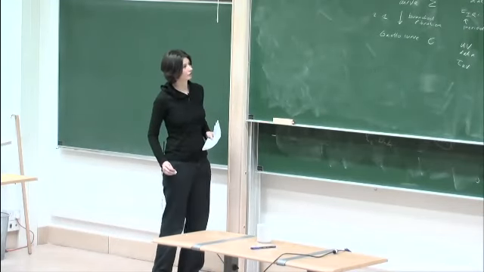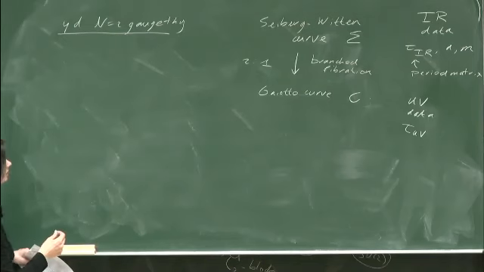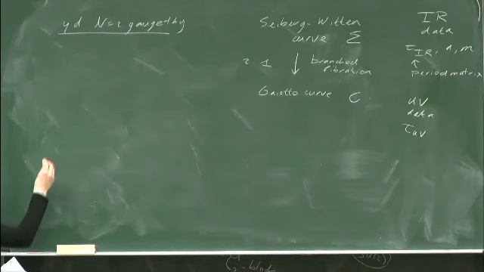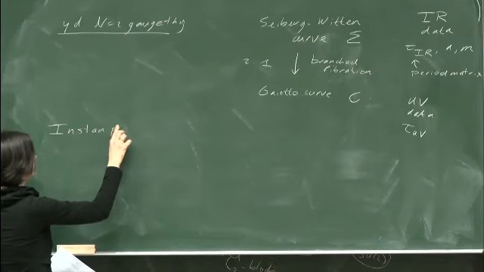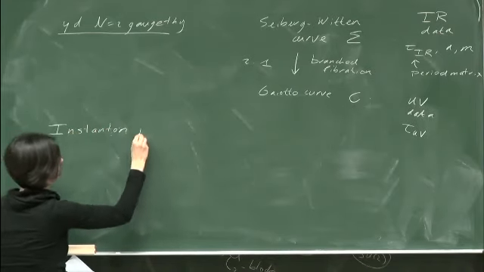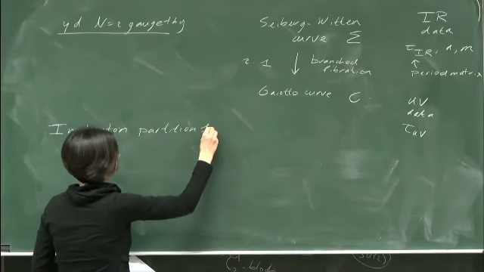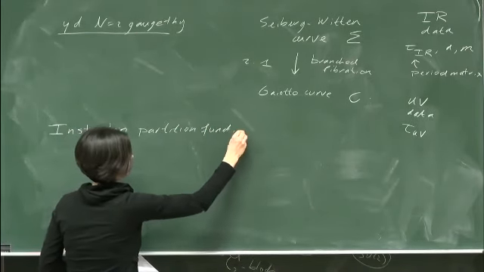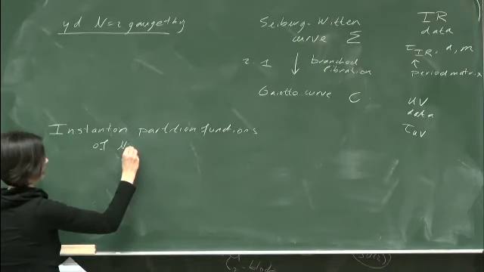So what I will focus on today is the relation that was discovered by Alday, Gaiotto, and Tachikawa, and they looked at instanton partition functions of this N equals 2 gauge theory.